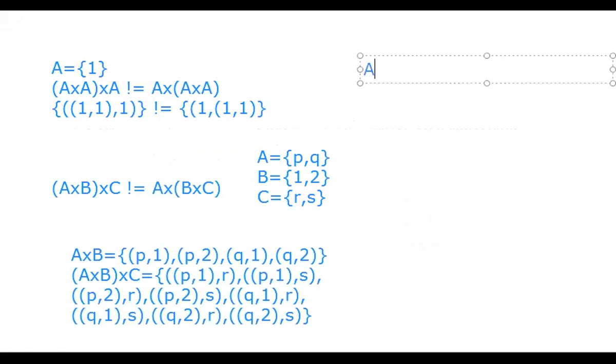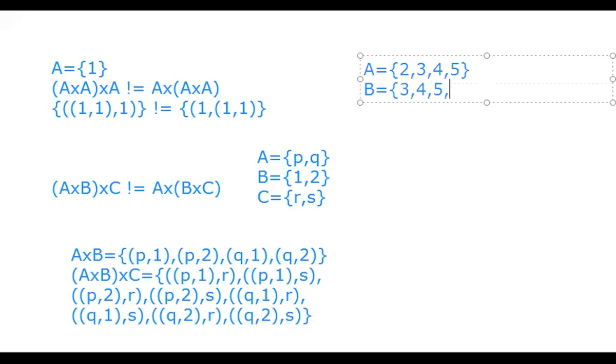You just tell me the set values that I told you. What was A? 2, 3, 4, 5. What was B? 3, 4, 5, 6, 7. C is 1, 2, 3.